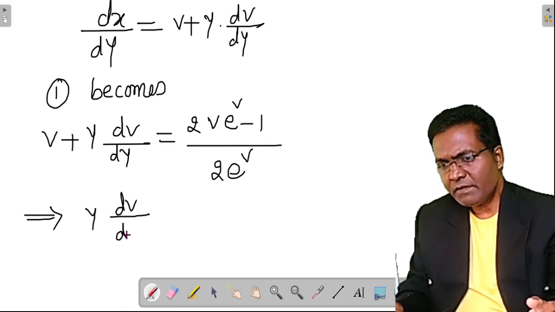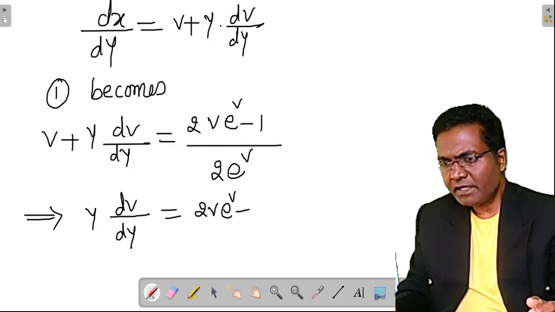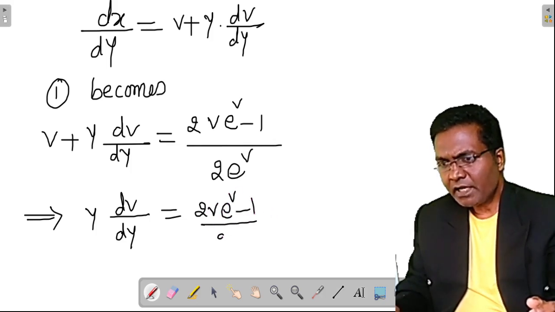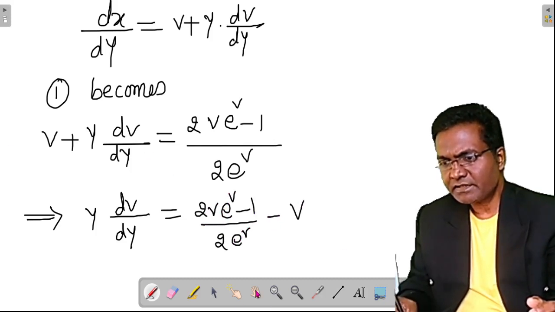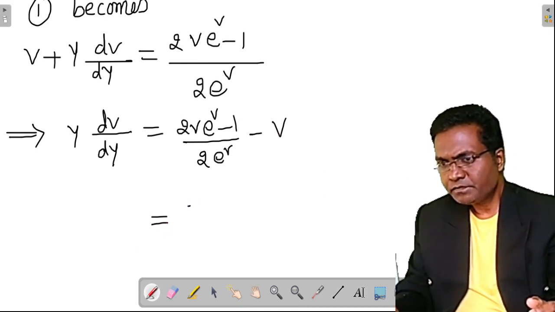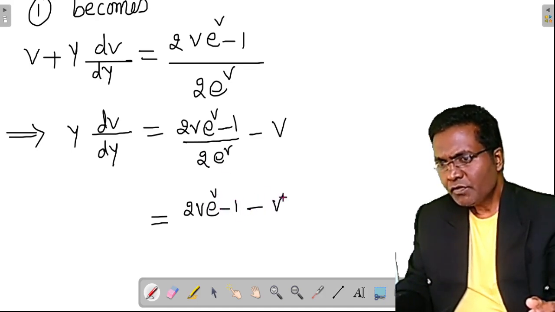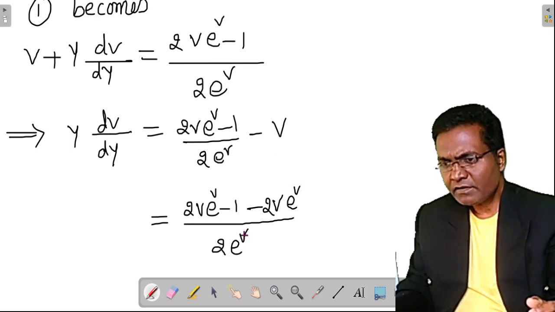So y dv by dy equals, you bring this v to the right, (2v e^v minus 1) by 2 e^v minus v, which equals (2v e^v minus 1 minus 2v e^v) divided by 2 e^v.